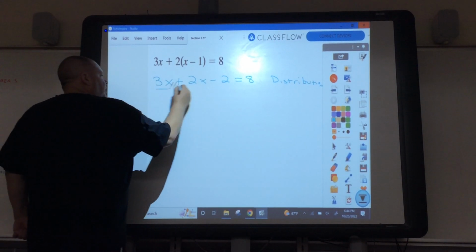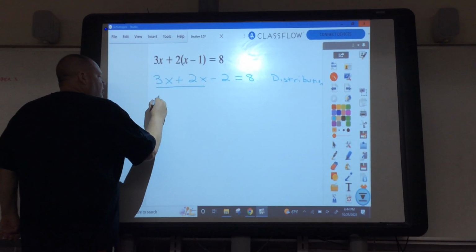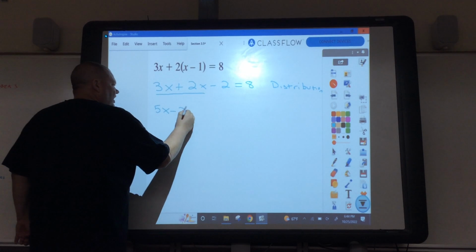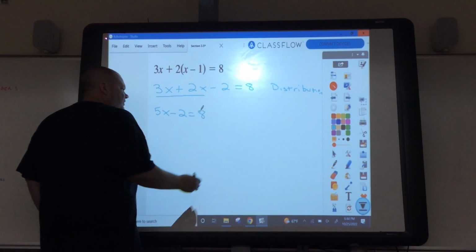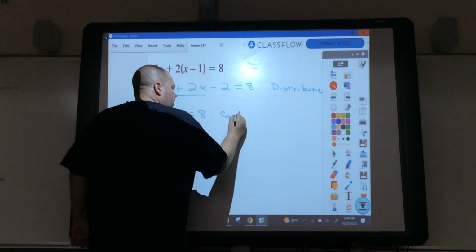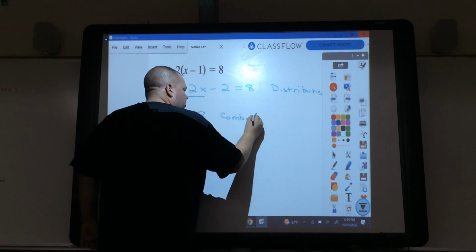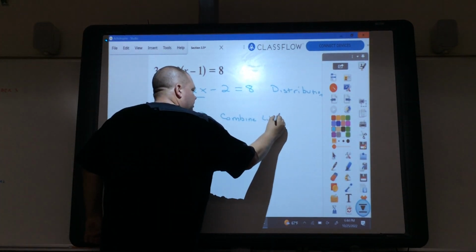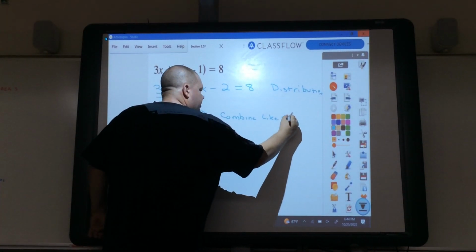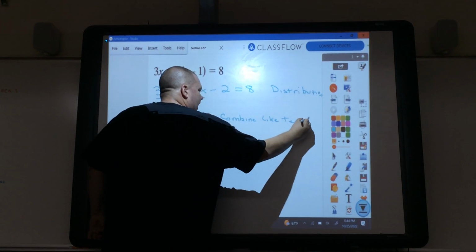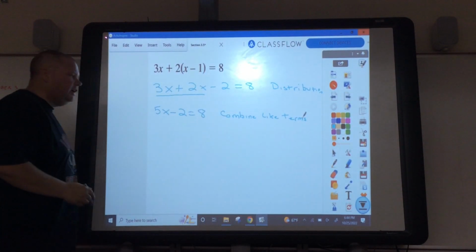Now, because you have the 3x and plus 2x on the same side, we are going to combine like terms. So we have 5x minus 2 equals 8, and our reason for that is just to combine like terms. It is not an addition because you're not adding this on the other side of our equation.